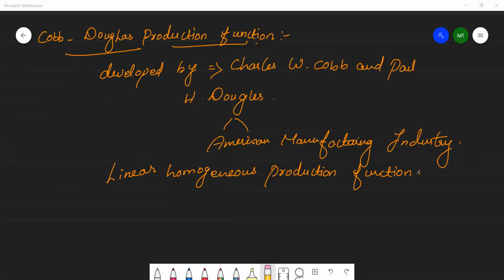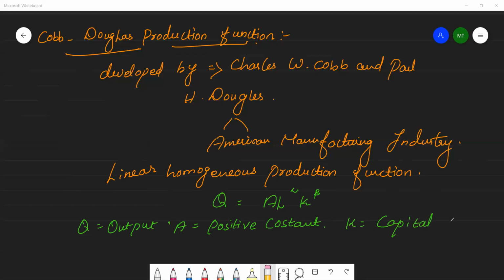Then the Cobb-Douglas production function can be expressed as follows: Q is equal to A L^alpha K^beta. Q is equal to output, A is a positive constant, K is capital, L is labor.